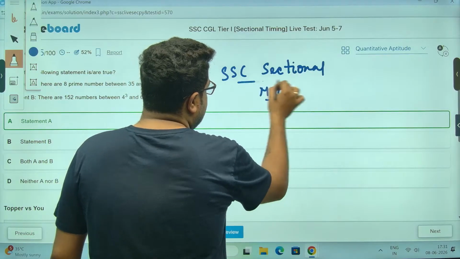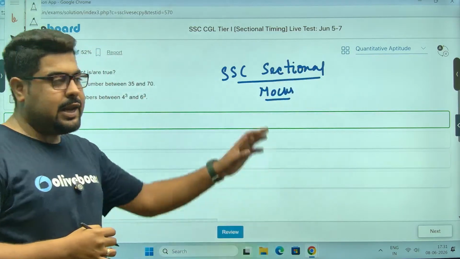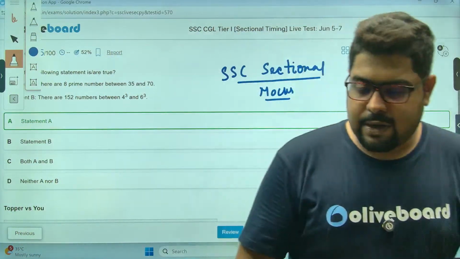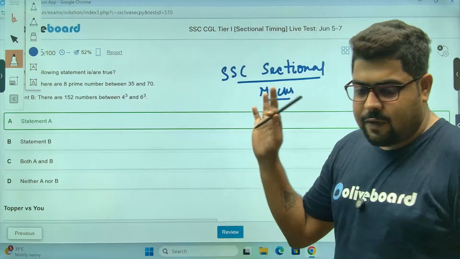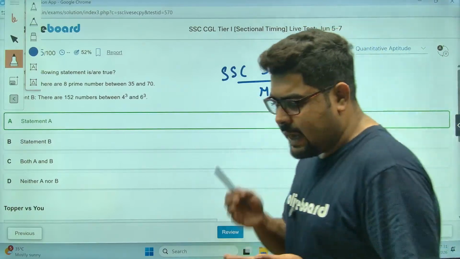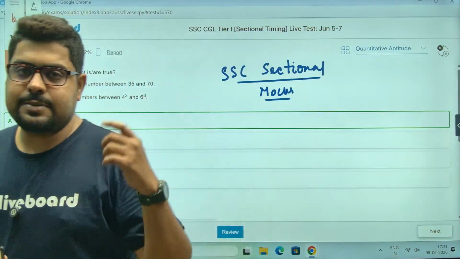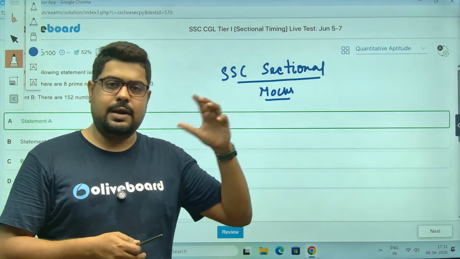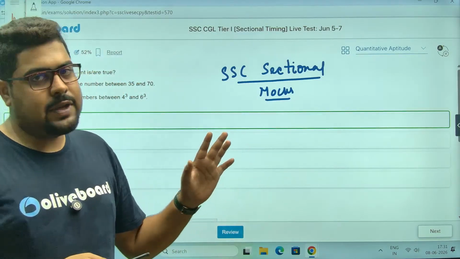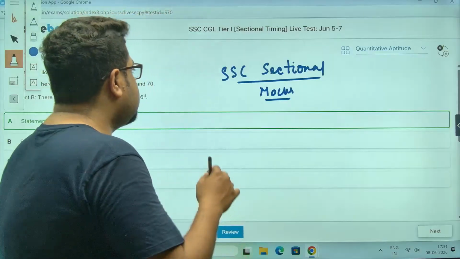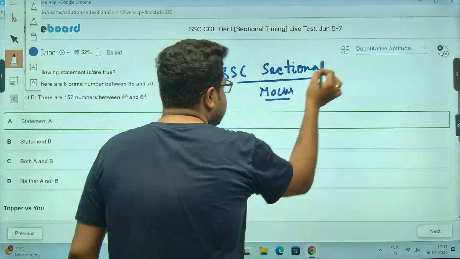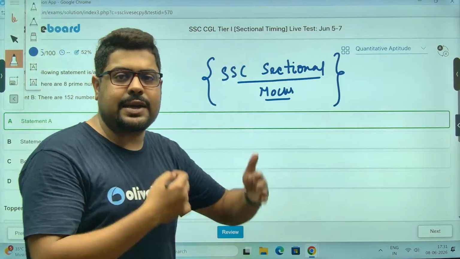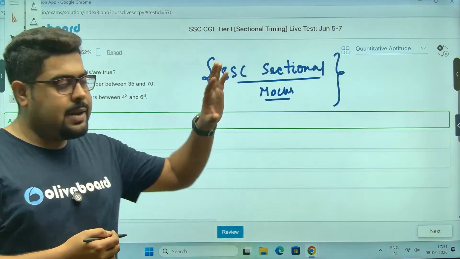Because I think most of you will need to attempt sectional mocks for at least quant, because the time constraint that has been introduced this year will mostly affect your quant section, 100%, without a shadow of a doubt. So try to take as many sectional mocks as possible. That will help you to manage the time better.